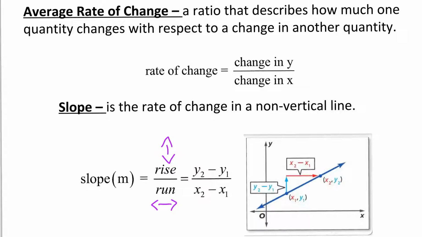Just keep in mind that if you go up, you can see the arrow going up is going to be a positive value, and if you go down, it's going to be a negative value. When you go to the right, it's going to be a positive value, and when you go to the left, it's going to be a negative value. So that's how you find the slope when you have the graph of a line. So you can look at the steepness if you find the rise over run.